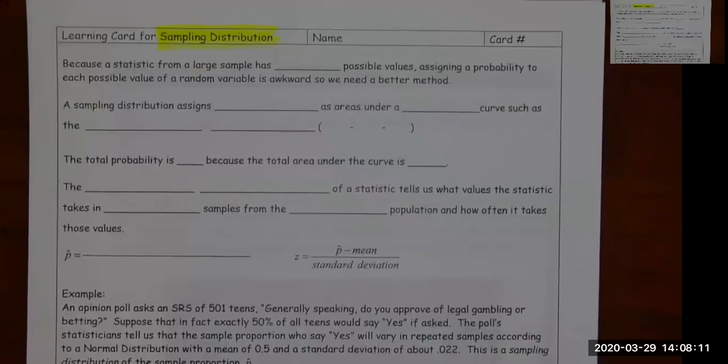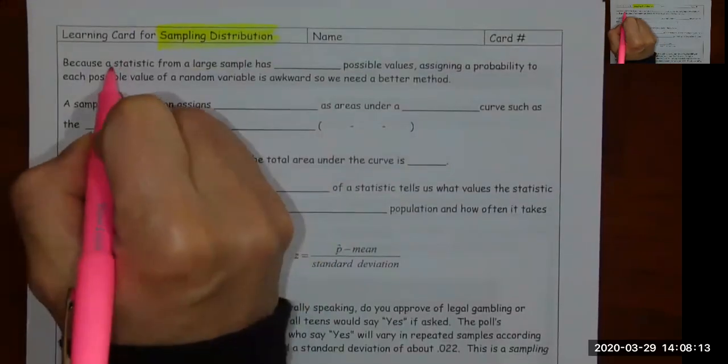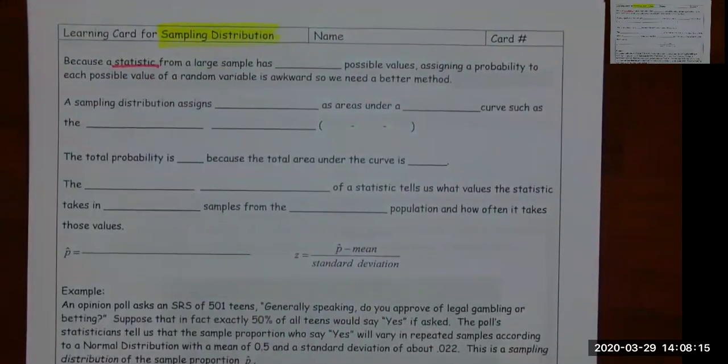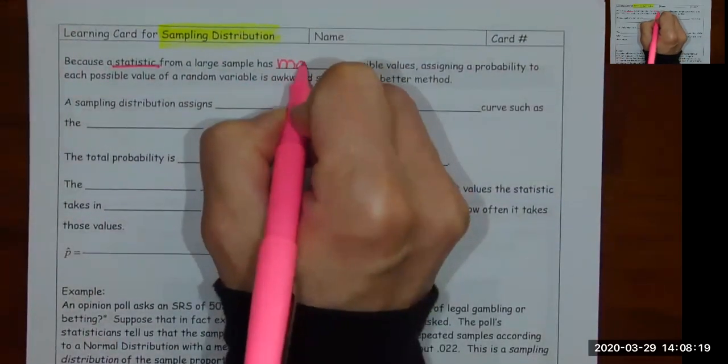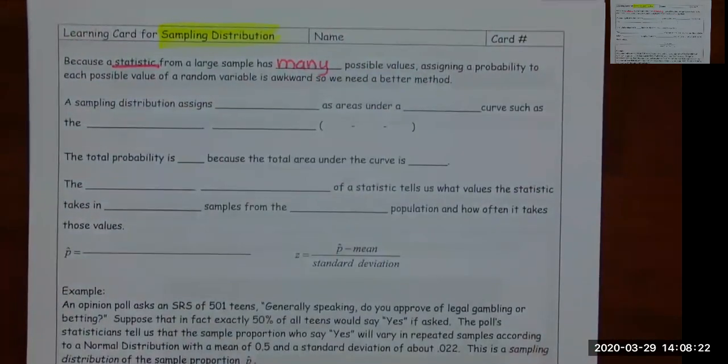Because a statistic, big vocabulary word, from a large sample has many possible values, assigning a probability to each value of a random variable is awkward. So we need a better method.